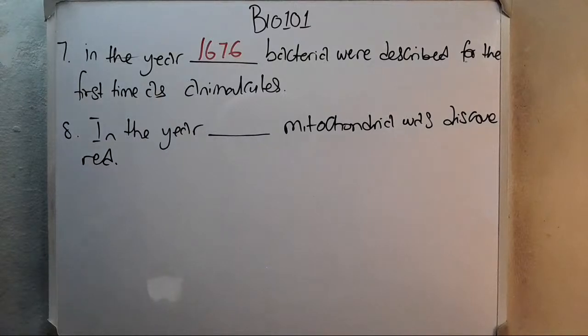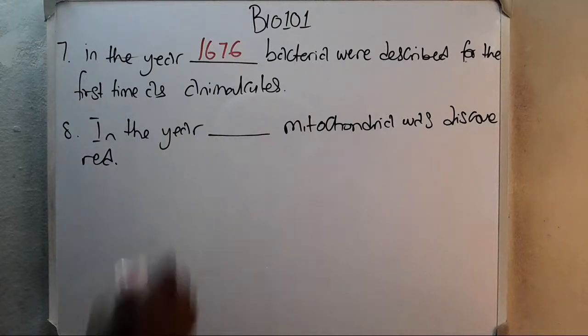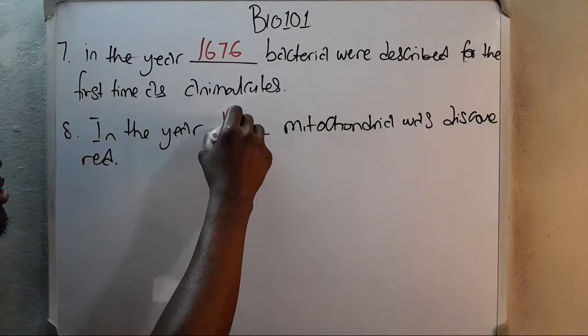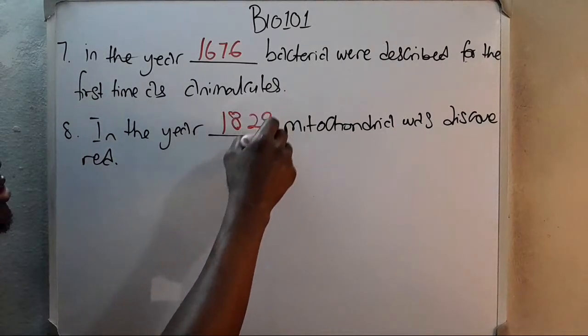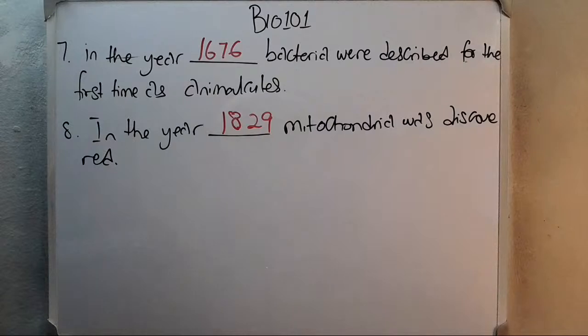In the year dash, mitochondria was discovered. Yes, awesome. 1829. Wonderful. 1829. Yes, let's keep up the good job.